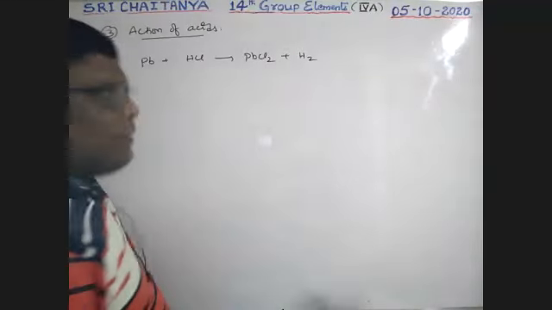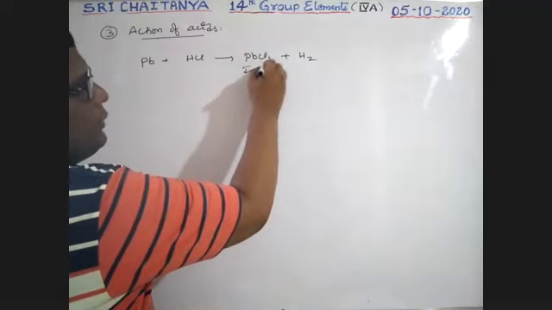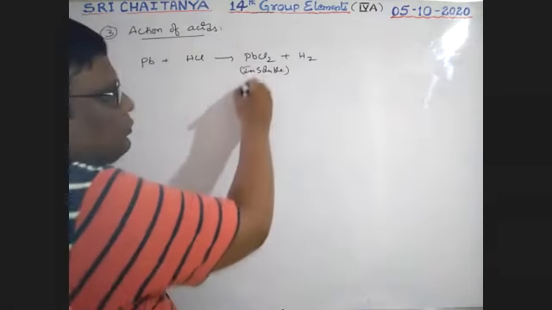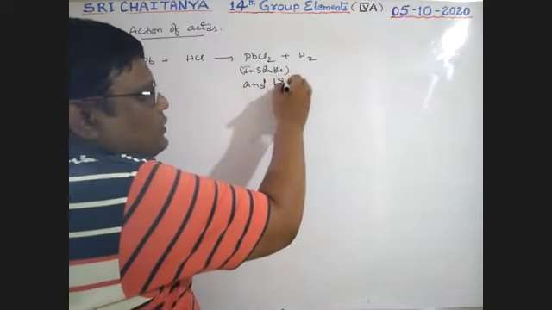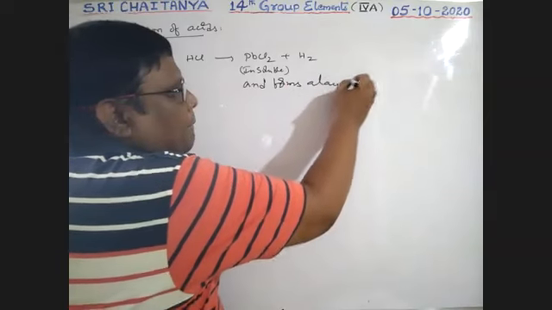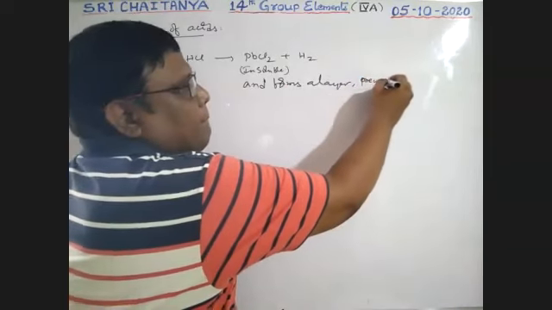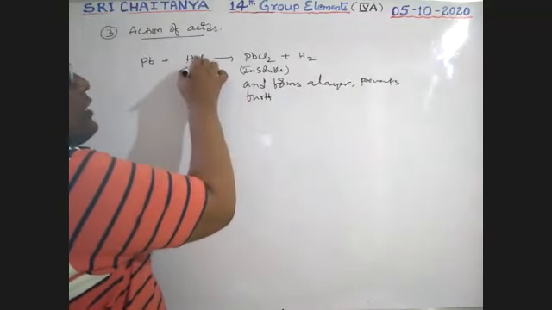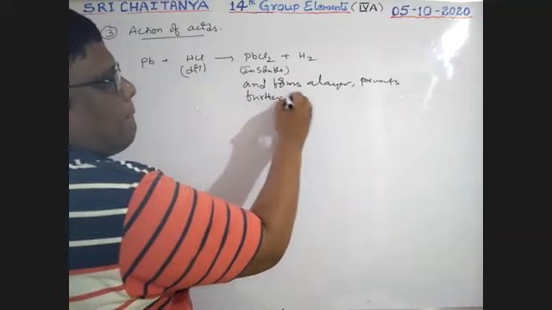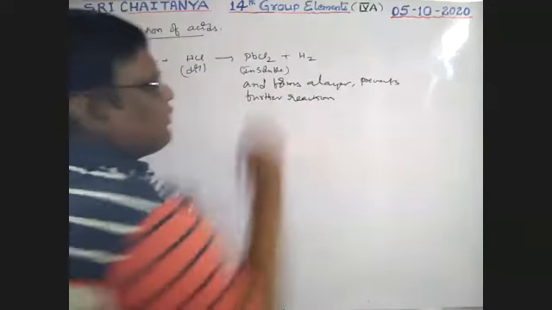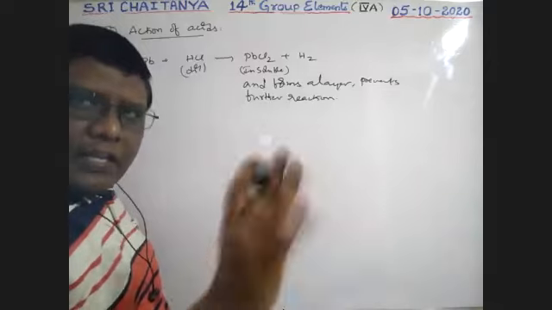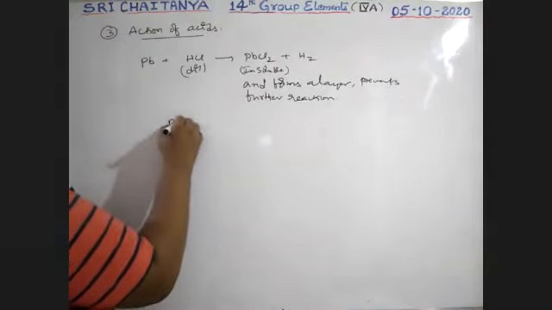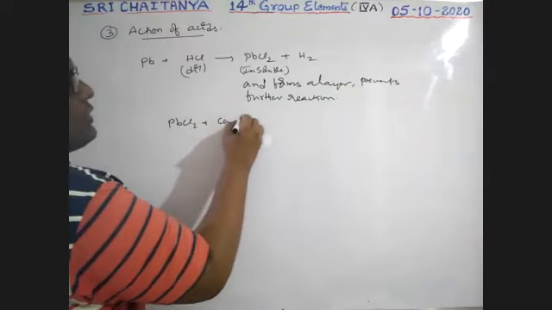This PbCl2 is insoluble and forms a layer that prevents further reaction with dilute HCl. That is why dilute HCl does not react further, but concentrated HCl is used. So the formed PbCl2 reacts with the concentrated HCl.